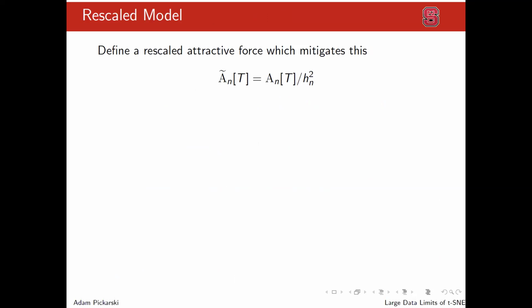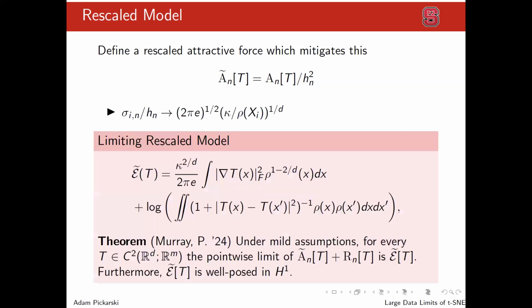So the first way that we tried to combat this issue was to take a simple approach and just rescale the attractive term. I'm rescaling with respect to the thing that's going to 0 at the same rate across all data points, so that the thing on top, which was originally going to 0, is basically going to be like a derivative now. That combats the fact that this attractive force vanishes.